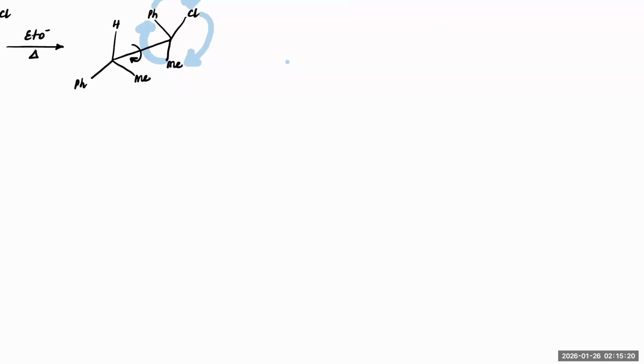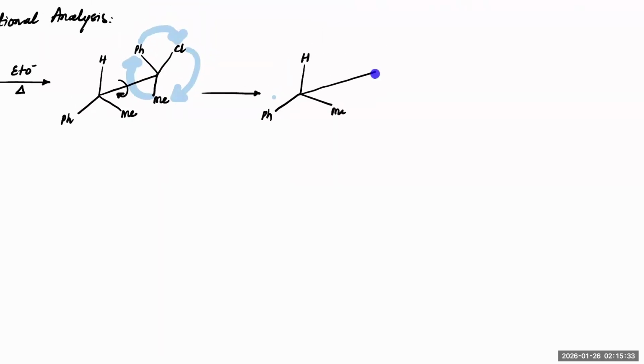Rotate it in such a way. Now you will get this as hydrogen, phenyl, methyl, and on the back side, if you notice, chlorine has to come here. So I'll put this structure.